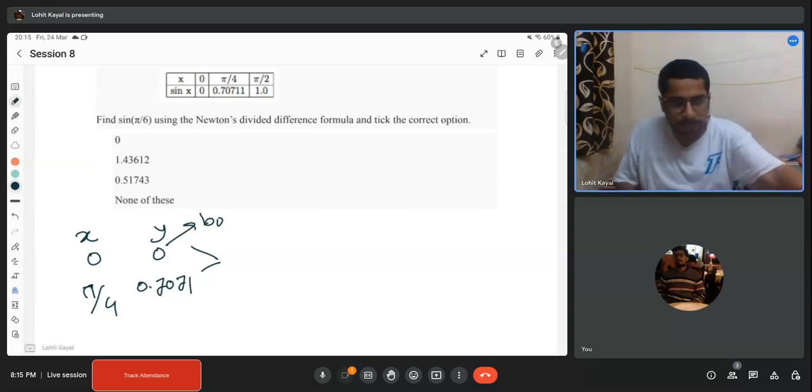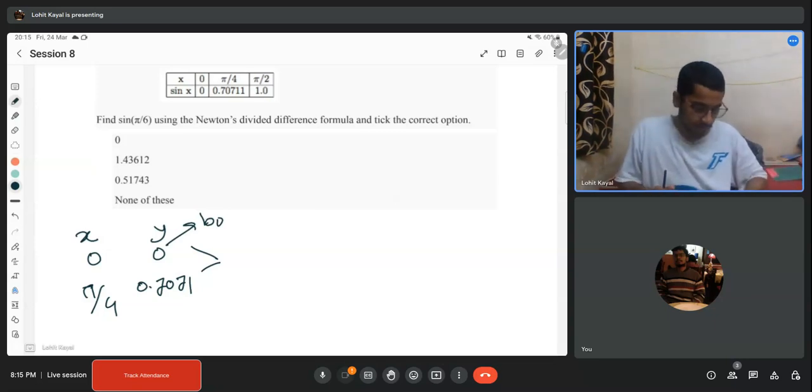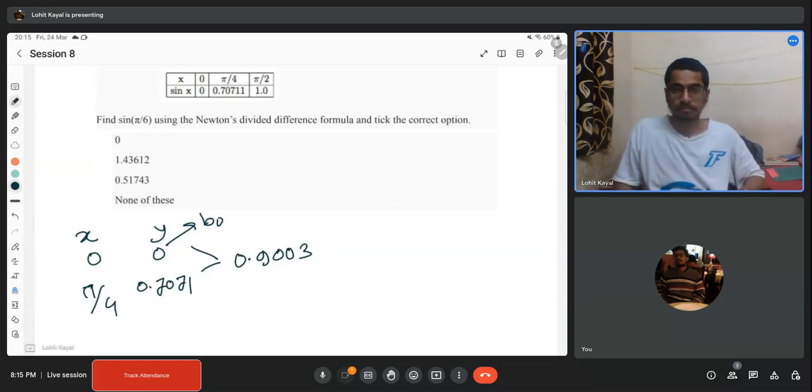That is 0.7071 into 4 divided by pi, that is 0.9003.